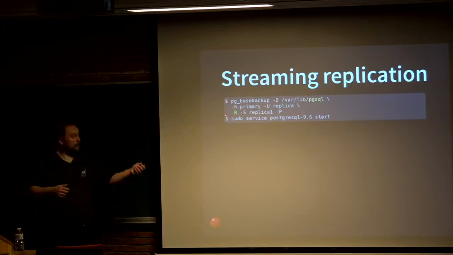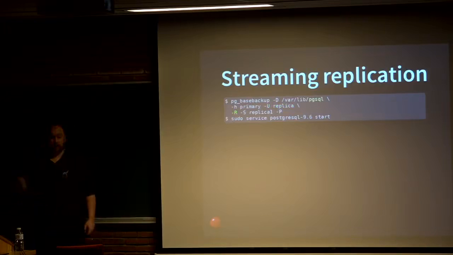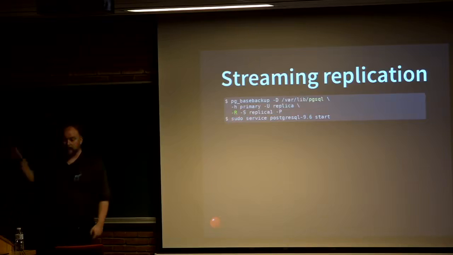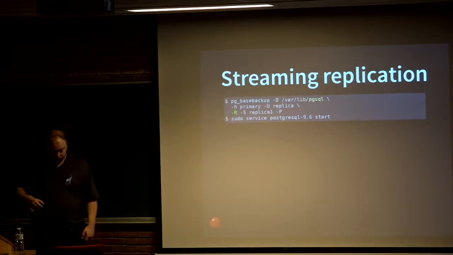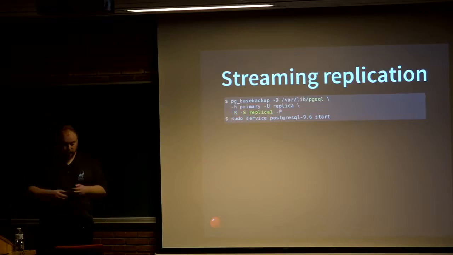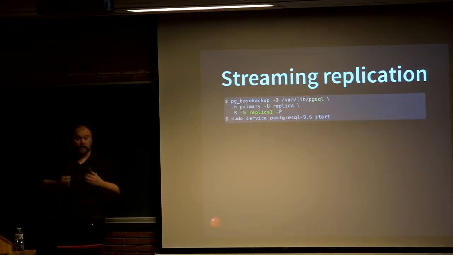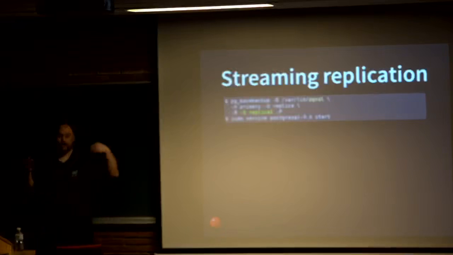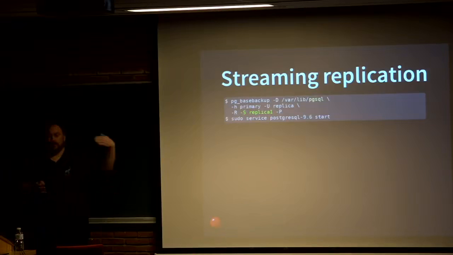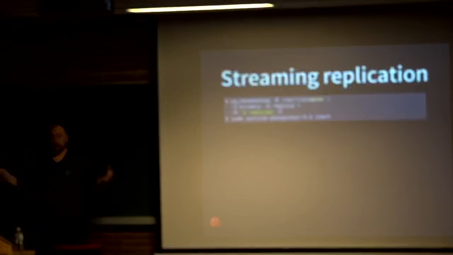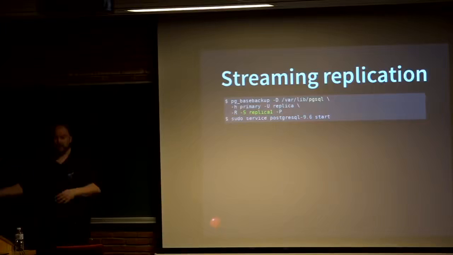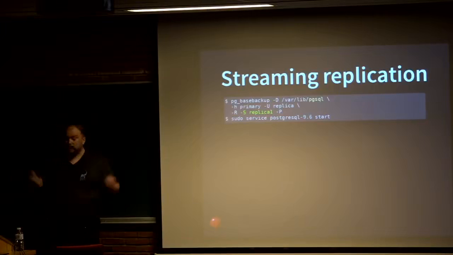Then we add the little switch -R, which says this is not actually going to be a backup, this is going to be a replica. And then the system will automatically provision a configuration file that sets it up as a replica. We give it what is known as a replication slot, basically registering the standby node with the master so that the master doesn't delete data that the standby node still needs if it falls behind, if you lose the network or reboot the standby or something like that.